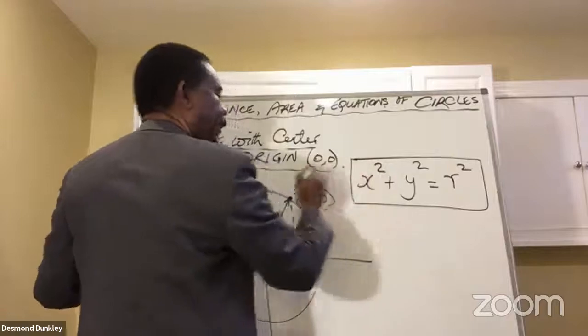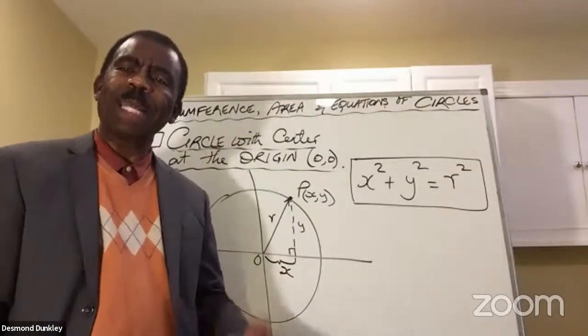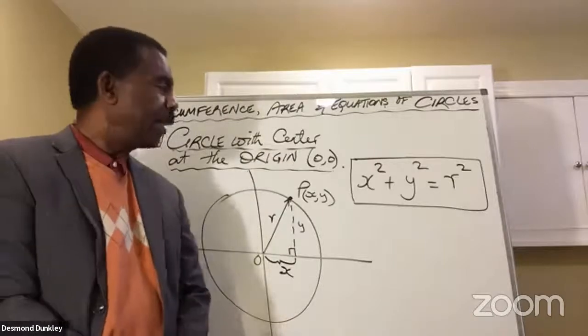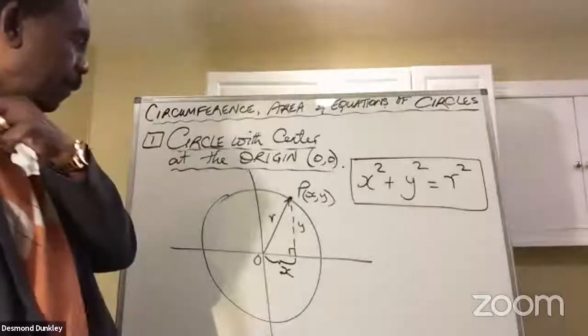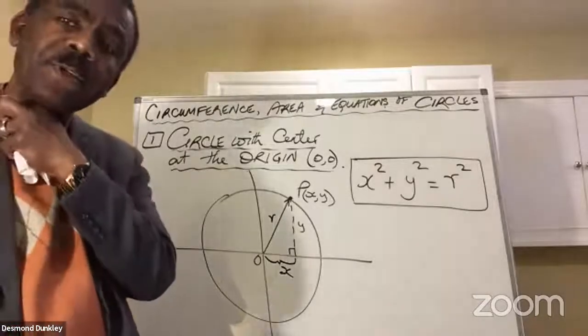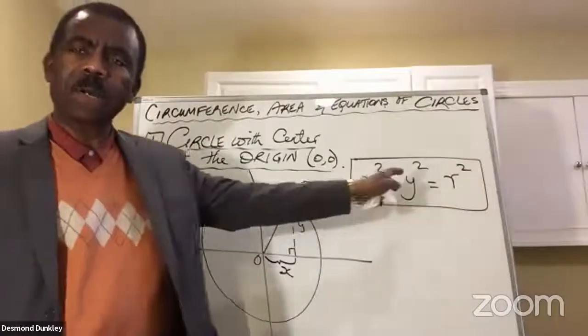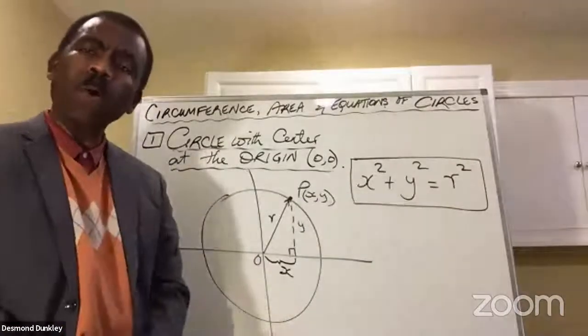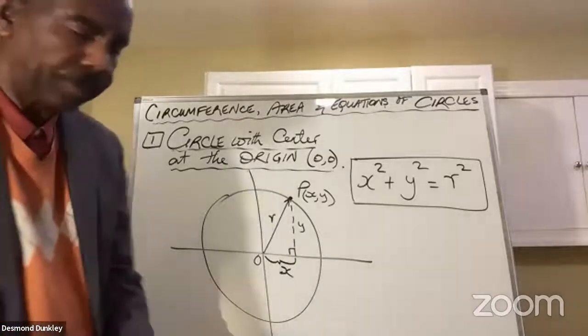This is the equation of your circle whose center is at the origin and whose radius is r. So that's the equation of your circle. If the center is at the origin and the radius is r, that's the equation, and it will always work. Okay, let's do an example.